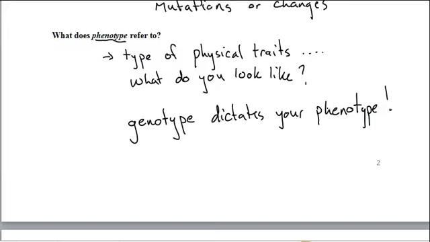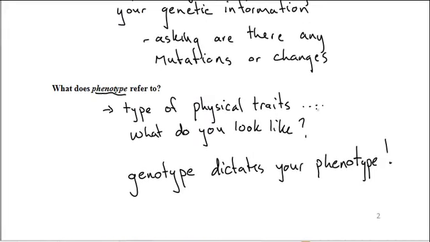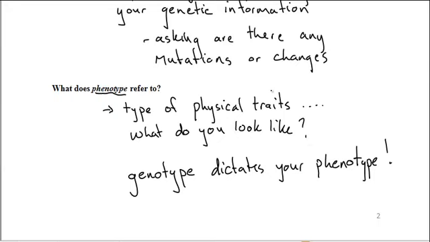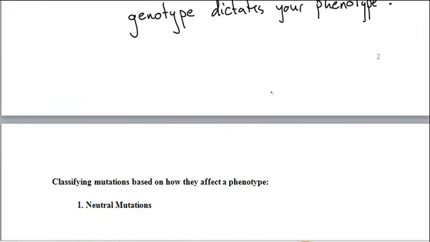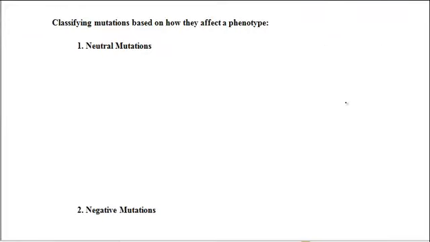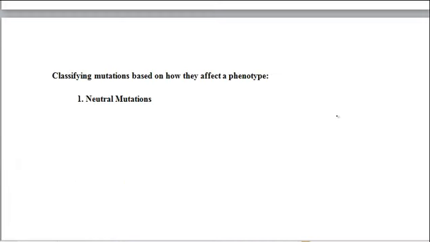Okay. So when we look at mutations, sometimes we describe them based on how they affect your phenotype, and sometimes we describe them based on how they affect your genotype. We're first going to look at the ones based on how they affect your phenotype. And they fall into three main classes: neutral mutations, negative mutations, and positive mutations. Sometimes neutral mutations are also called silent mutations.